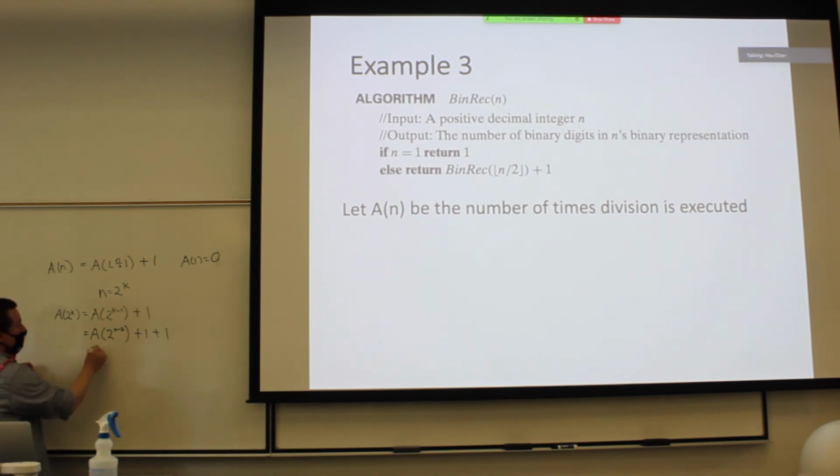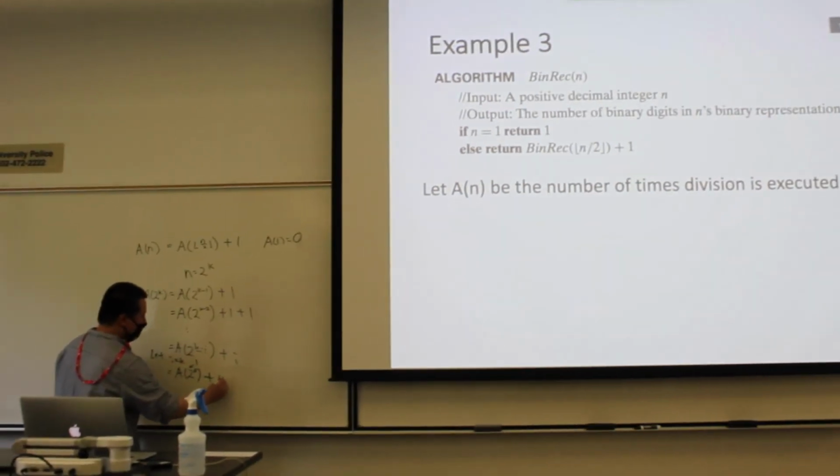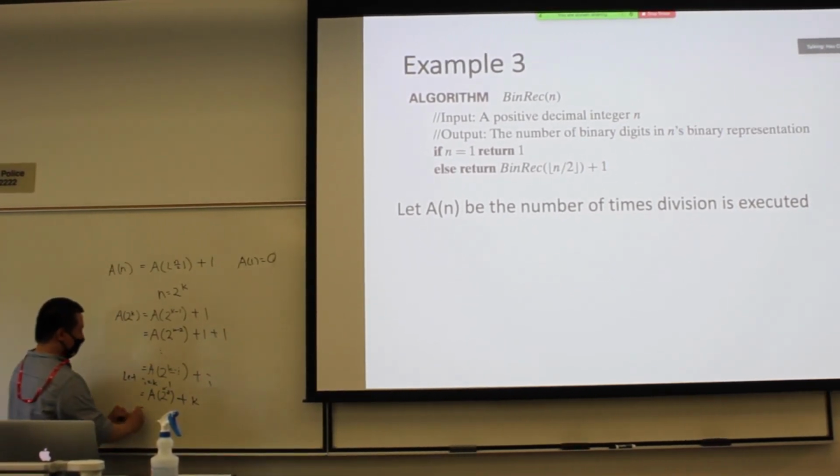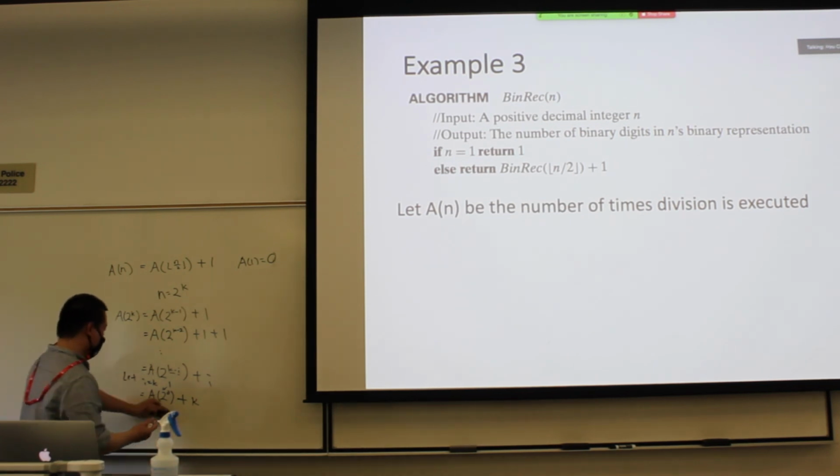Then you can see the pattern, and you can say a of 2^(k-k) plus k. Now this part is 0, so this recurrence is equal to k.